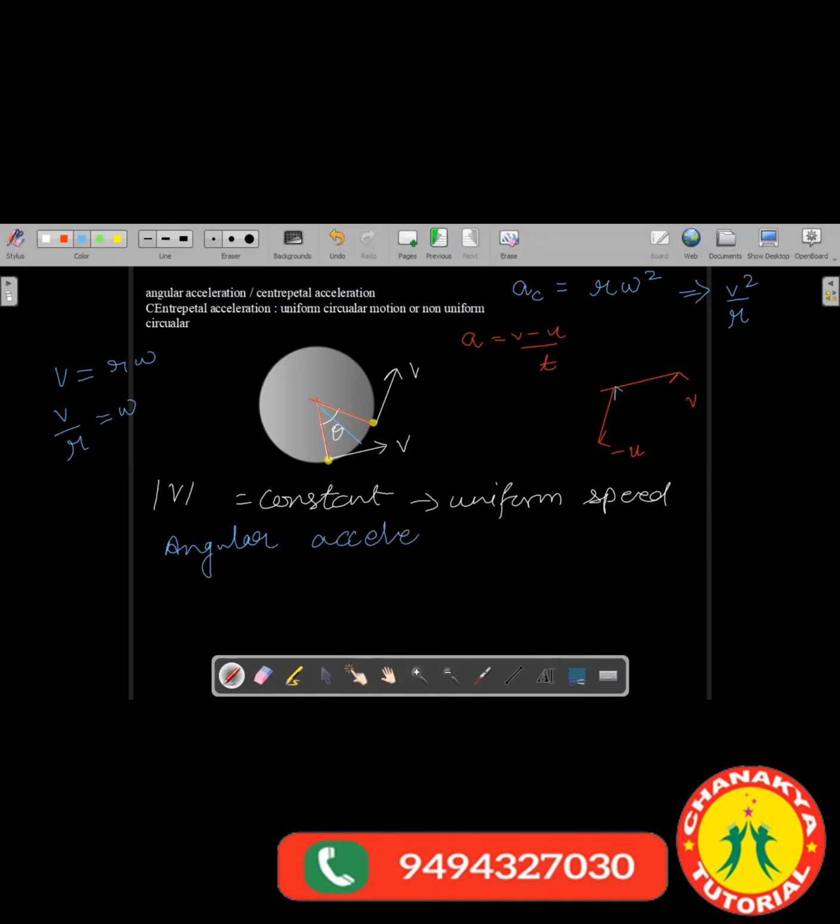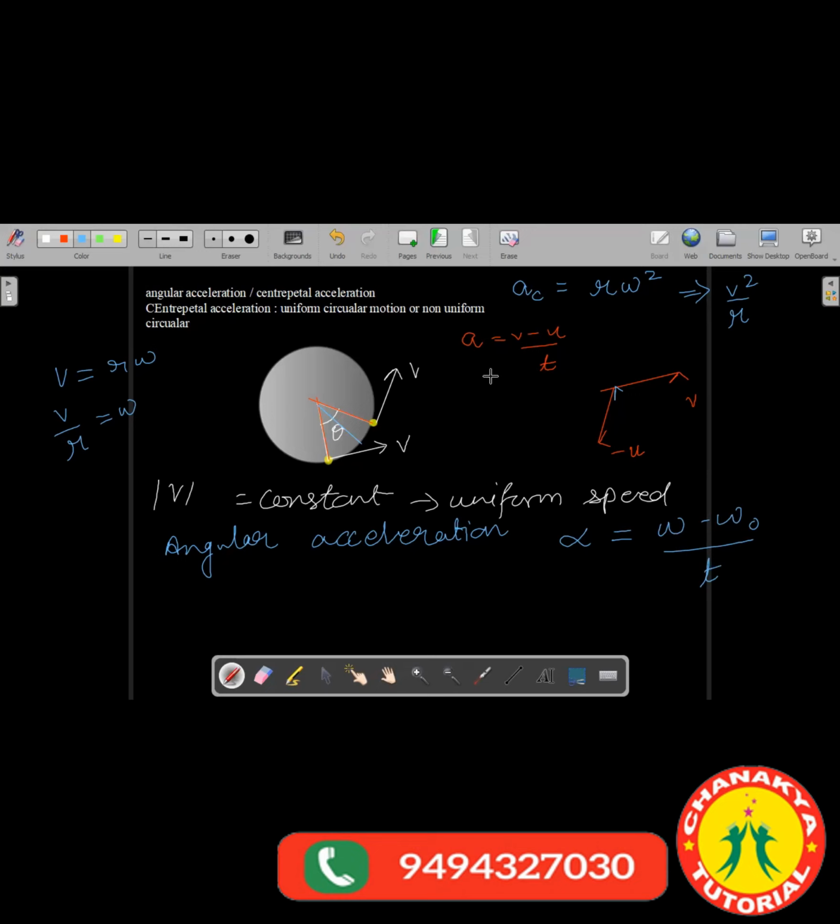And if it is an angular acceleration, we can write the angular acceleration alpha to be omega minus omega naught by t. I hope we had discussed this in the kinematics of angular motion. When we were discussing the kinematics of rotational motion, we discussed that the angular acceleration is just like the linear acceleration.